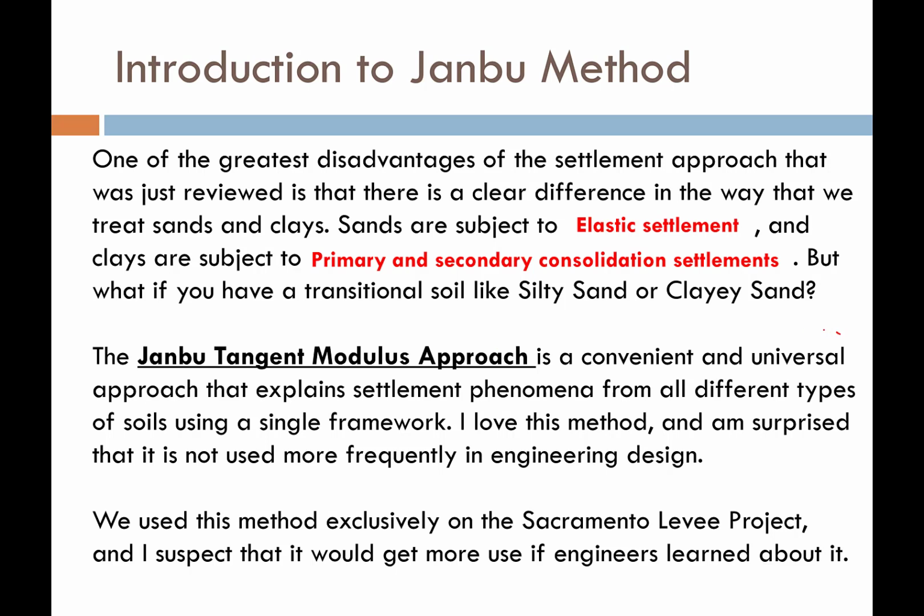For that reason, it's referred to as a universal model, meaning no more elastic settlement, no more primary consolidation settlement. You compute settlement the same for all soil types, using a single framework. For this reason, I love this method. It's very simple. And to be honest, I'm surprised that it's not used more frequently in engineering design.